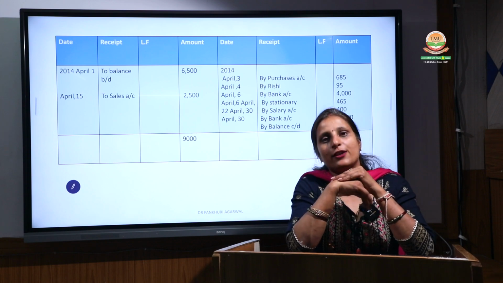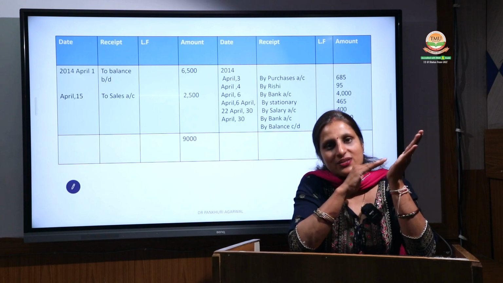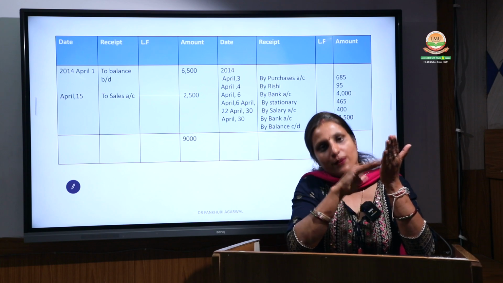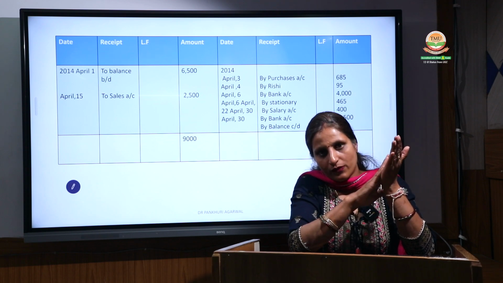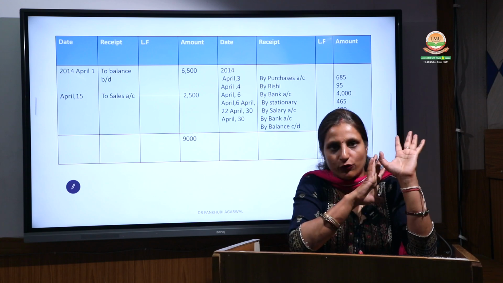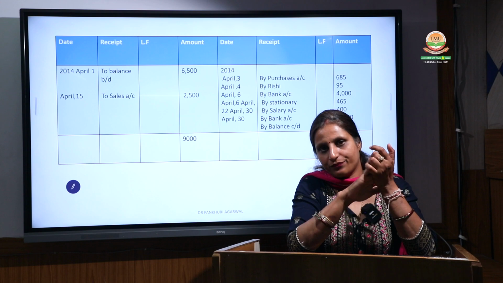On the credit side, you start the name with by. This is the proper format, and you have to use this to and by. The entry is recorded in the form of to and by only. This is not controversial, you have to record the entries with the names to and by.